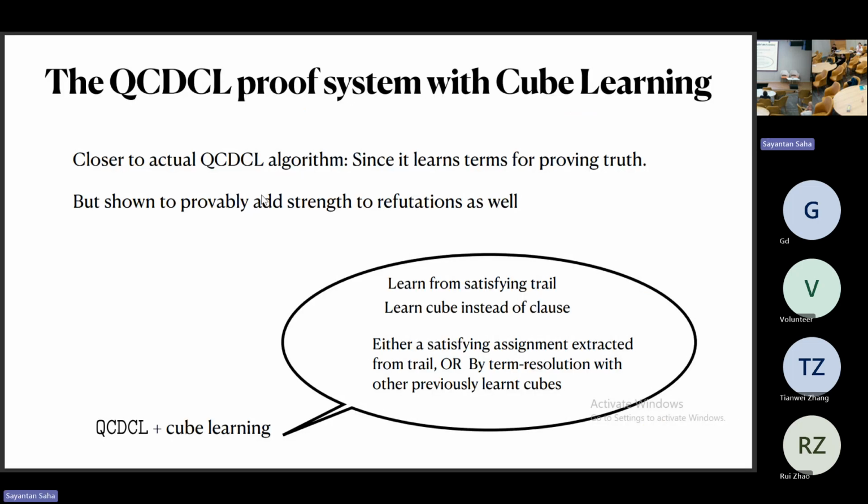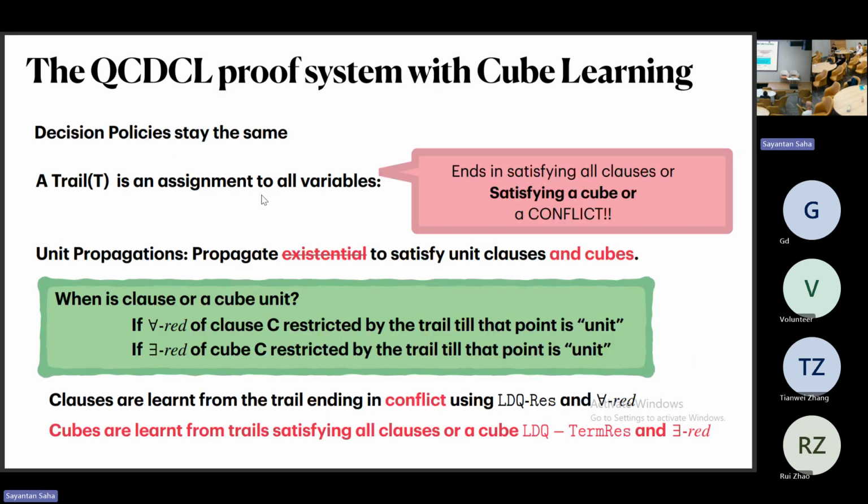Here we have considered systems without cube learning, which Meena mentioned. Cube learning is only necessary for showing truth, but it's proven that even for refutations, cube learning adds strength to the system. How cube learning differs from without cube learning, something Meena already said, is that now we don't just have clauses.